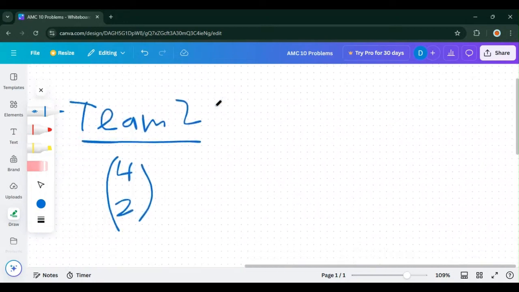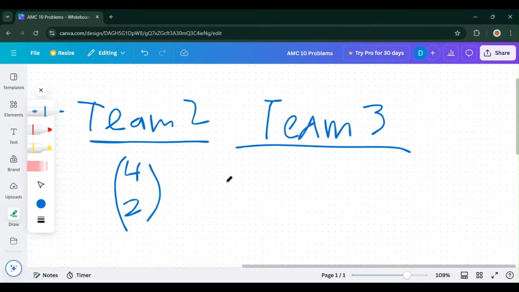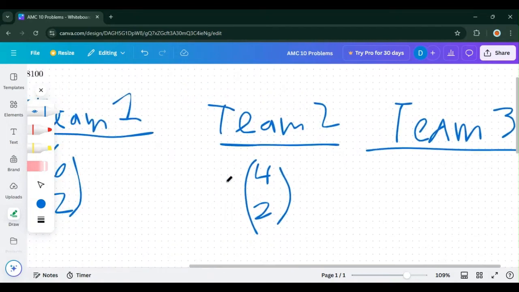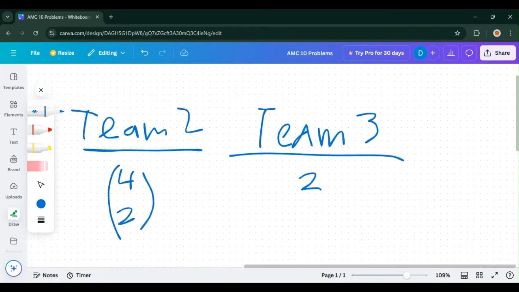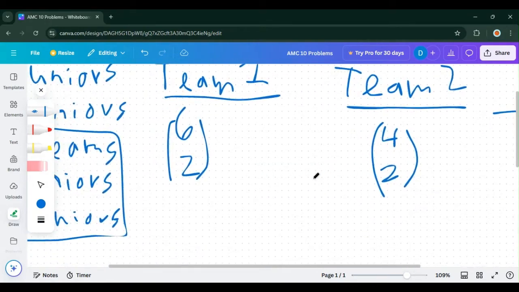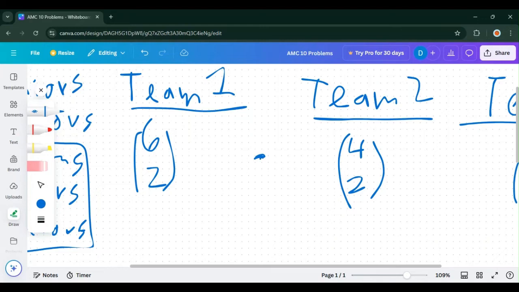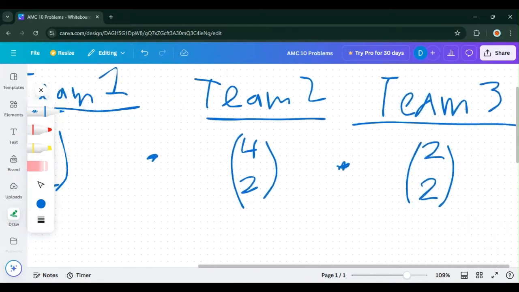Okay. So now we can move on to the third team. And once again, we already picked another 2. So in total, we already picked 4. And now we only have 2 options left. So 2 juniors are left, and we need to pick 2 of them. Okay. And we have to multiply all these choices for the total number of outcomes.